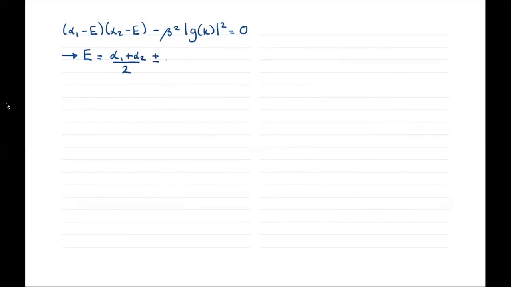Expanding the determinant, alpha 1 minus E times alpha 2 minus E minus beta squared, the square modulus of G of k squared, is equal to 0, which gives us, with a little bit of rearranging, that the energy is alpha 1 plus alpha 2 over 2 plus or minus the square root of alpha 1 minus alpha 2 squared plus 4 beta squared, the square modulus of G of k squared, all over 2.